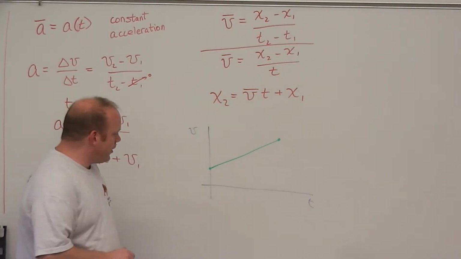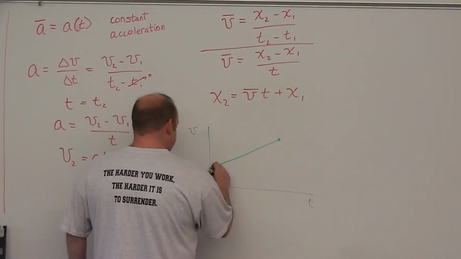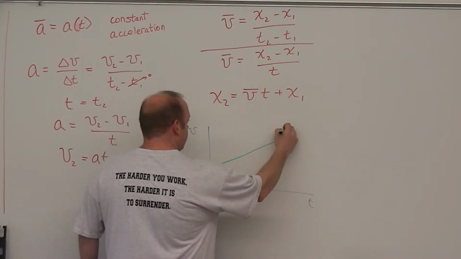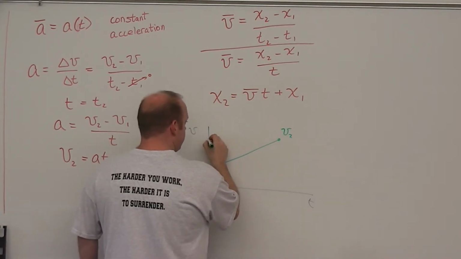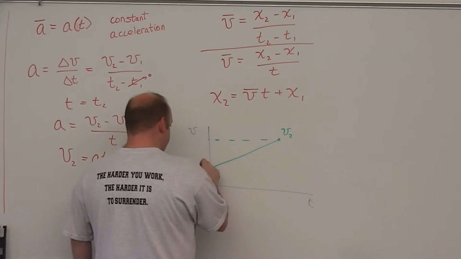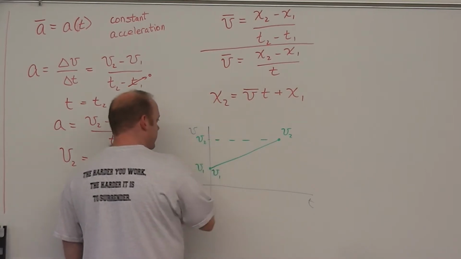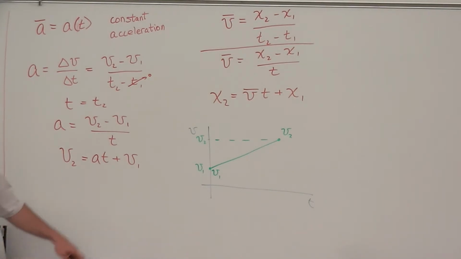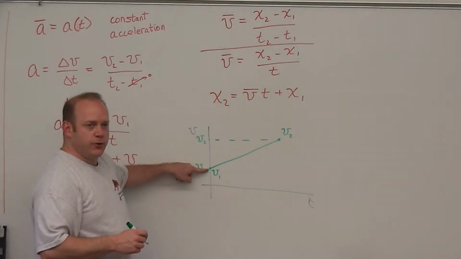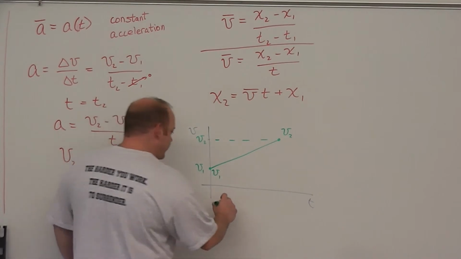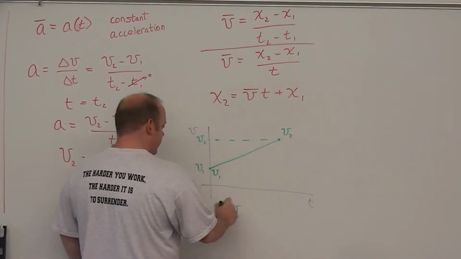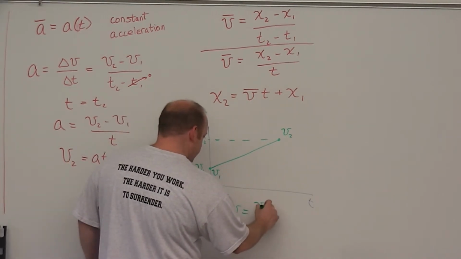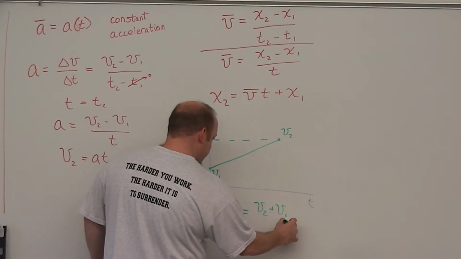So now, what this means is, if this is v1, and this is v2, so I have v1 over here, and I have v2 over here. My average velocity is going to be halfway in between. So my average velocity here is going to equal v2 plus v1 divided by 2.